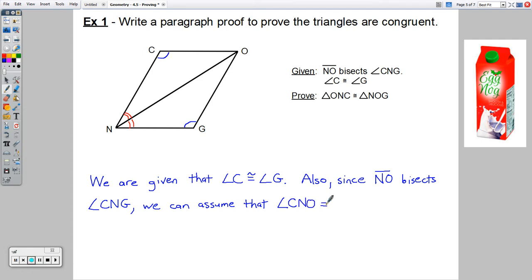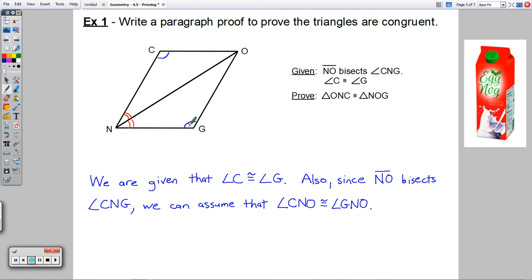So I can say that angle CNO is congruent to angle GNO. So that's by the angle bisector definition, or what an angle bisector is. So we have that there. I think our book may call it the angle bisector theorem. So we used that to figure out that this angle would be congruent to this angle.